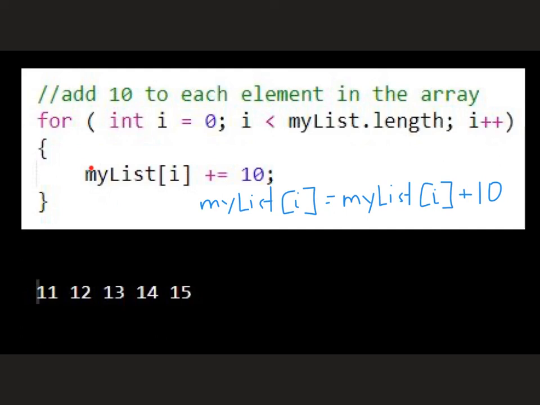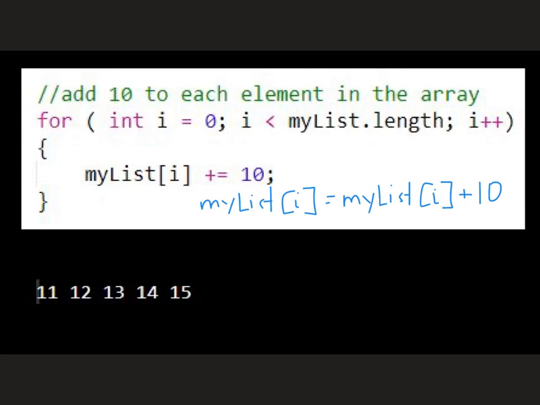So that value plus equals 10. So that value itself plus 10. So we see that here, the value at that index equals the value at that index plus 10. So we're adding 10 to this value, and then it is storing it in that index.